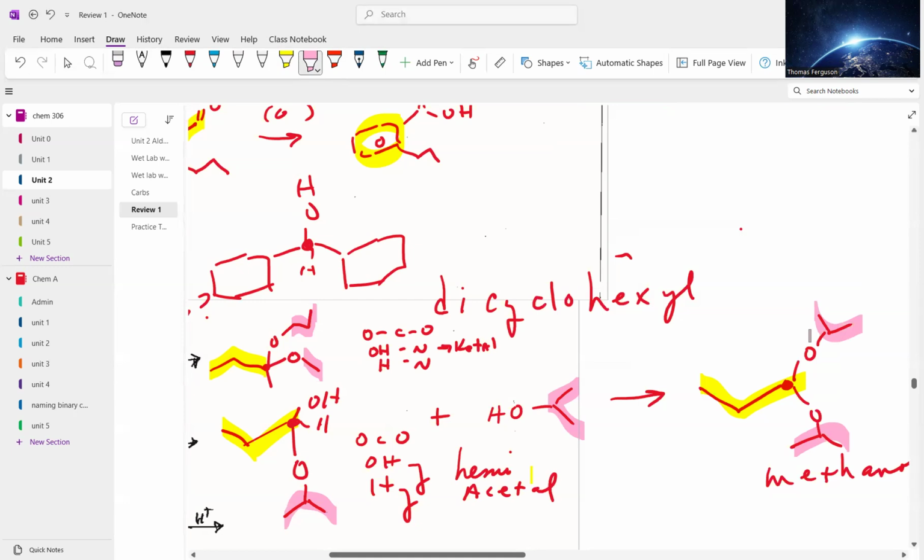Okay, so that's the OCO, the C in the middle is the anomeric carbon. That's carried throughout. In this case, we have hydroxyl group and hydrogen here.